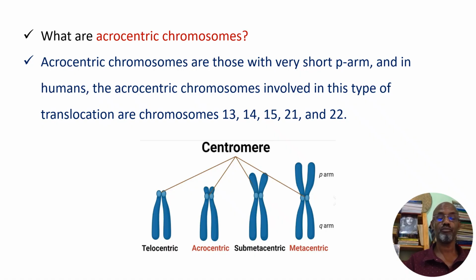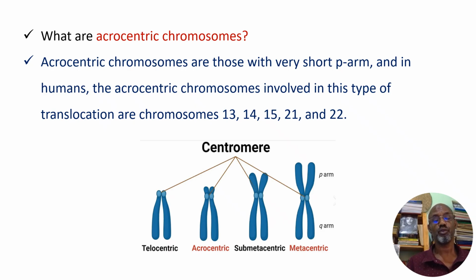And such chromosomes come together and cut their Q arms from the centromeric position usually and exchange. When they do this, we call this Robertsonian translocation. Okay, therefore, remember, acrocentric chromosomes are chromosomes with very, very small P arms and very, very long Q arms.